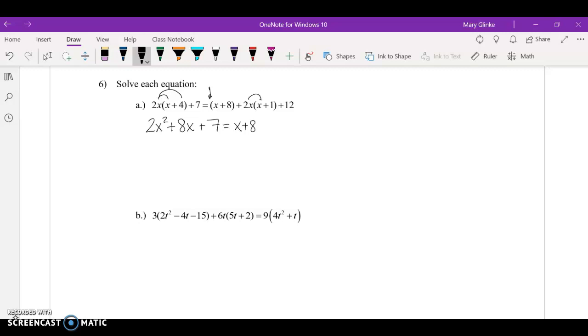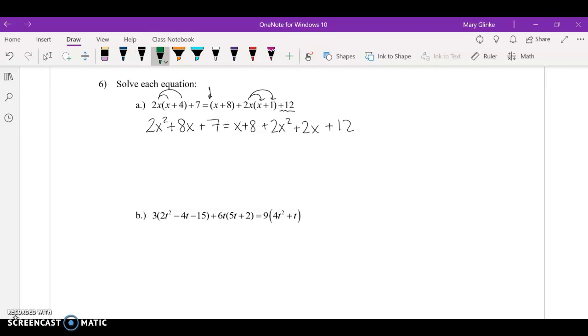But this x plus 1 needs to have the 2x distributed to it. So it's 2x squared plus 2x. And then we still bring down this plus 12. You notice it was after the parentheses, so it is not actually getting the 2x distributed to it.